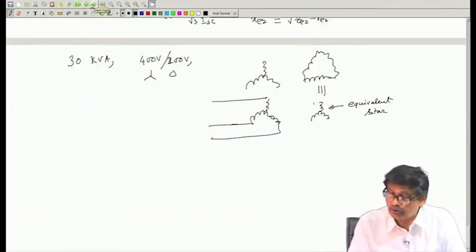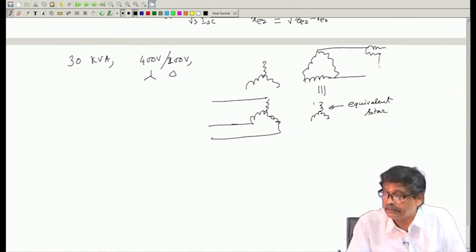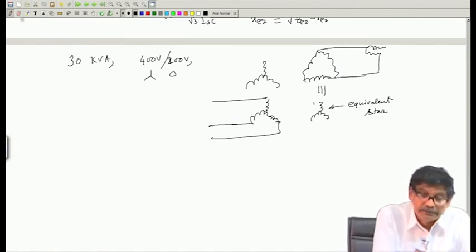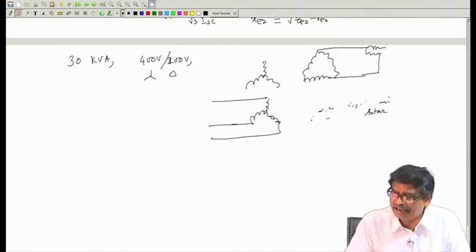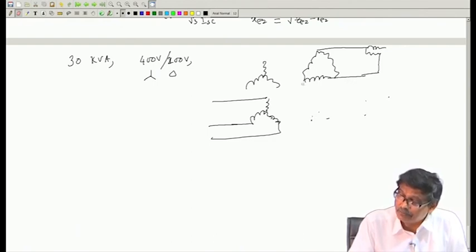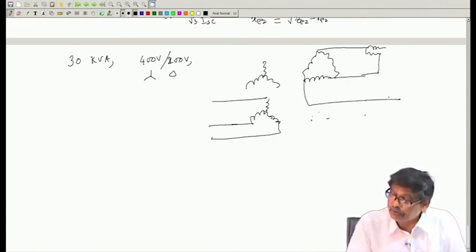Suppose I carry out the no load test, what do I do? This is your actual transformer, I will connect 2 wattmeters here. Let me slightly clean this. Try to get the idea, it is not needed so much pointing out, but it should be understood what we are doing.